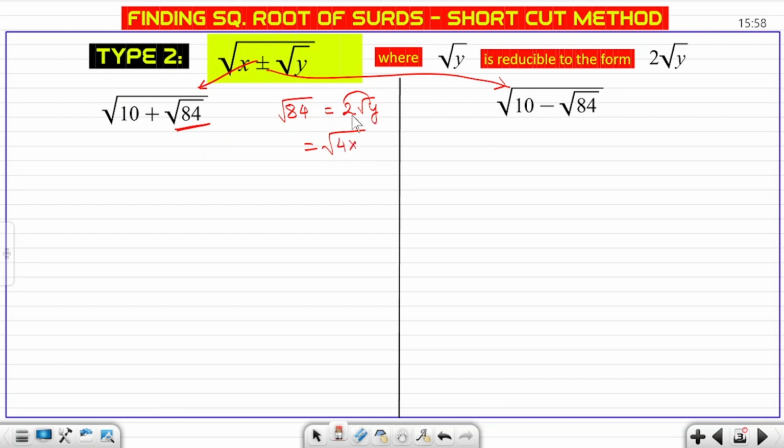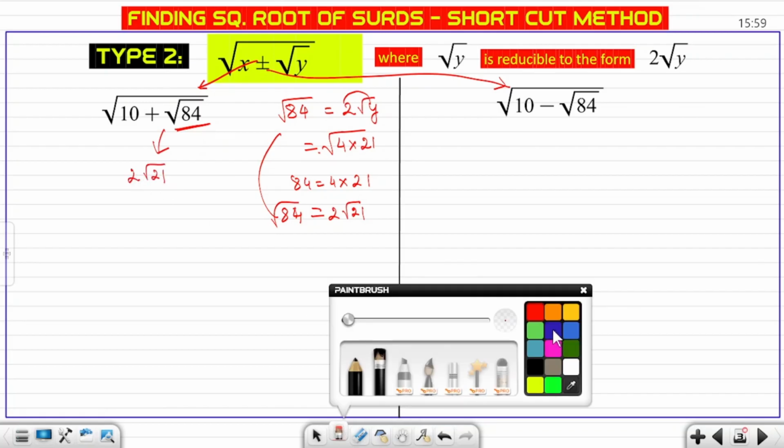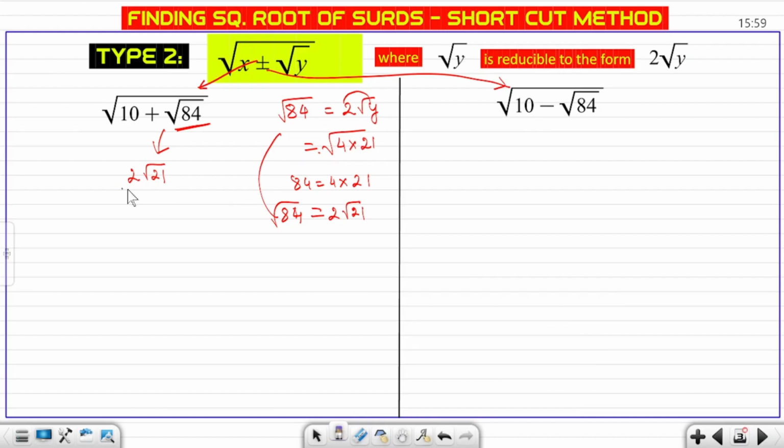So what should y be? Divide 84 by 4. 84 is equal to 4 into what? This is 21. So root 84 can be written as 2 root 21. Now this is reduced to 2 root 21. Now simply divide by 2.